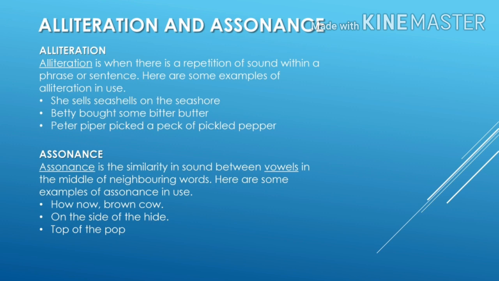Then we have on the side of the hide. Here the vowel I is being repeated in side and hide. Then we have top of the pop, where O is the vowel being repeated.